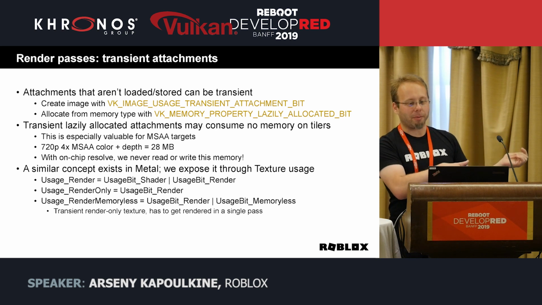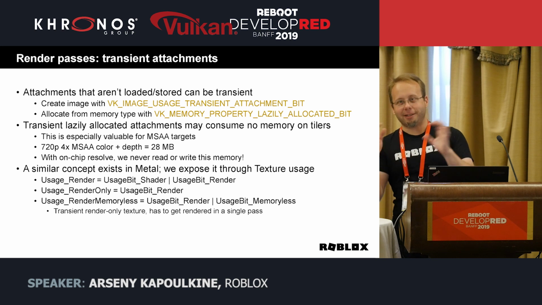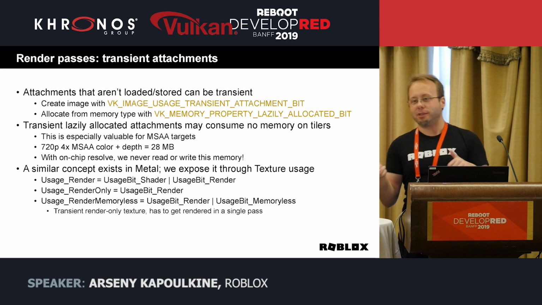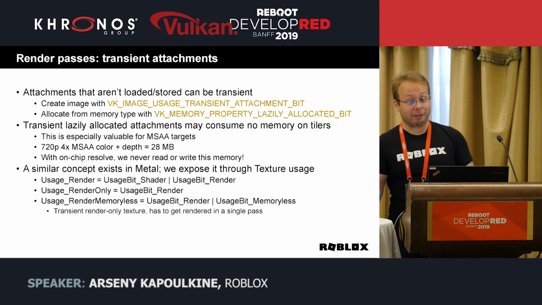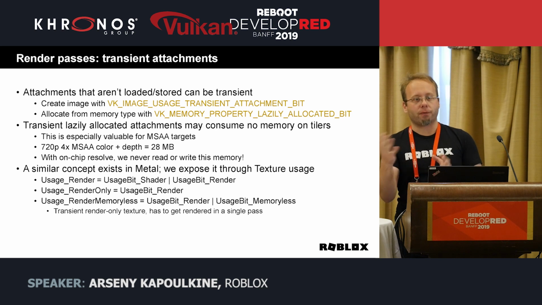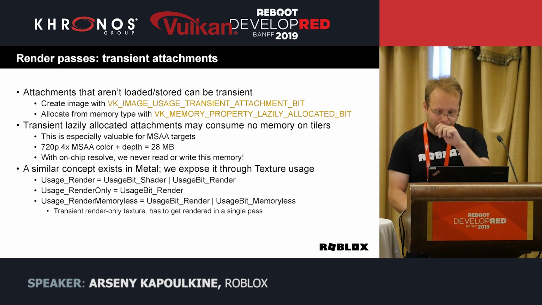This is a Metal requirement. The Vulkan requirement is slightly more lax, because in Vulkan you can say lazily allocated, but then I think in some cases the driver can allocate memory for this texture. In Metal, I think the driver never allocates memory. And with just this bit, all of the rest of the heavy lifting can be hidden inside the implementation, specifically for Vulkan, which is pretty simple.